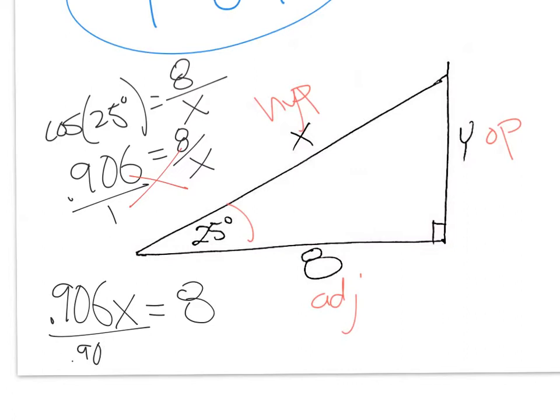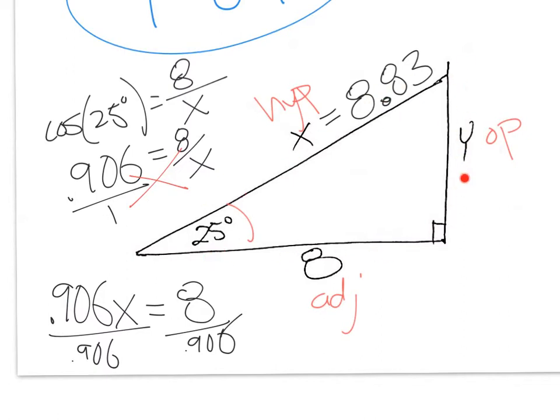And so you see how we're actually going to be dividing by that. So this should give us a more reasonable answer. 8 divided by 0.906. So it looks like x is 8.83. So that looks reasonable, right? It should be more than this side, which it is.